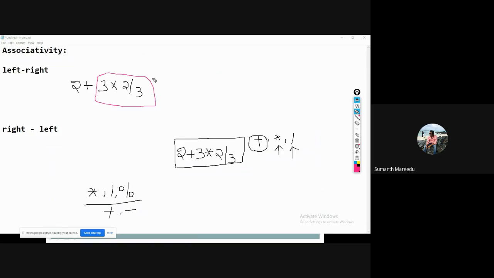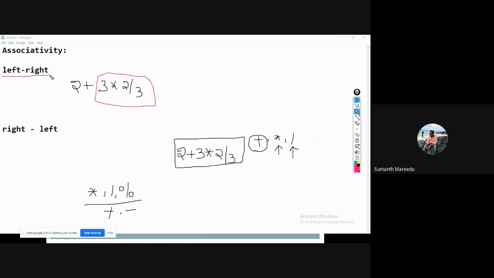In such a scenario, I will use the concept of associativity. Associativity will tell me in which order I have to choose. When two operators have the same precedence, the associativity of arithmetic operators is left to right.